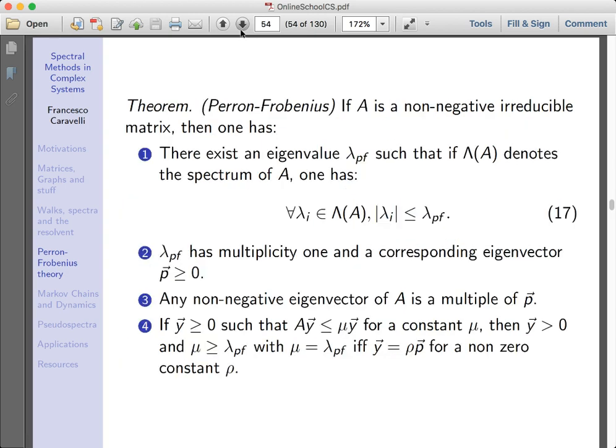And this is actually the statement of the Perron-Frobenius theorem. The technicality here is that matrix A has to be a non-negative irreducible matrix. In terms of graph theory, this is basically the same as saying that the graph must be strongly connected, which is the definition I gave before.